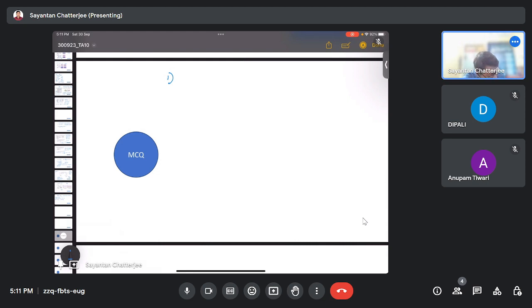So, the Park's transformation, yes, this part.